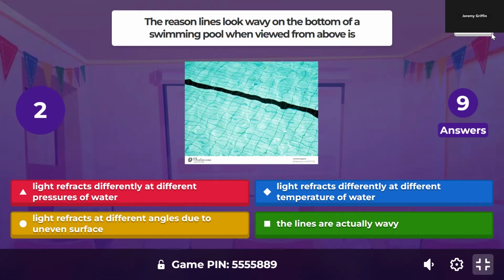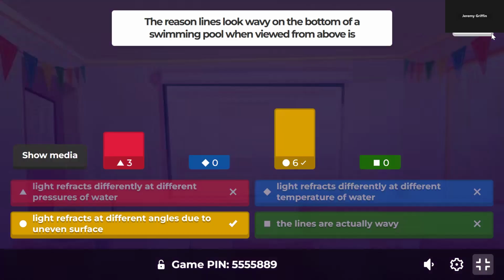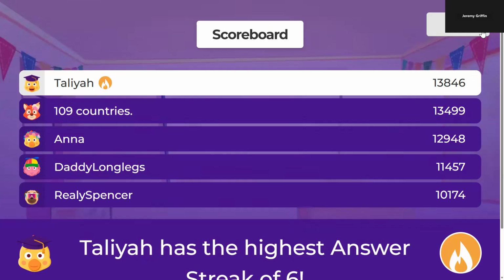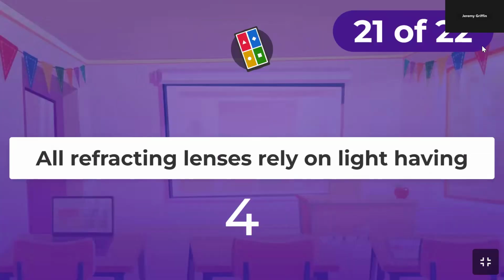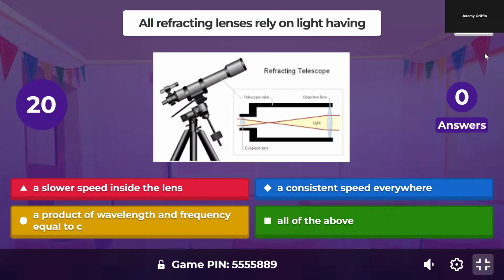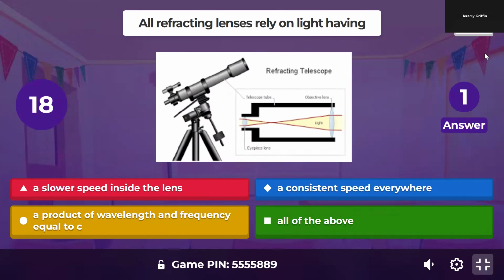Yeah, refraction, even surface or uneven surface. Water. Refraction. All refracting lenses, like that magnifying glass, or that telescope right there.